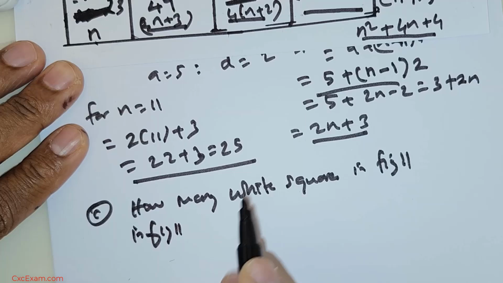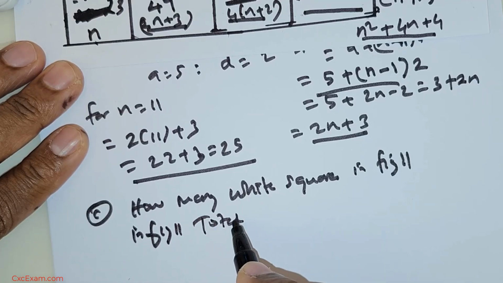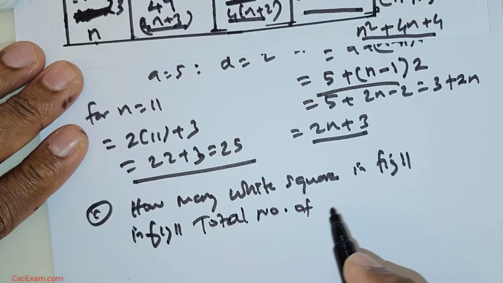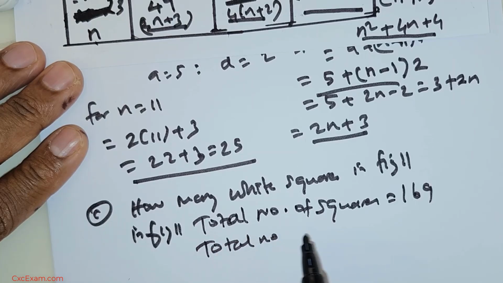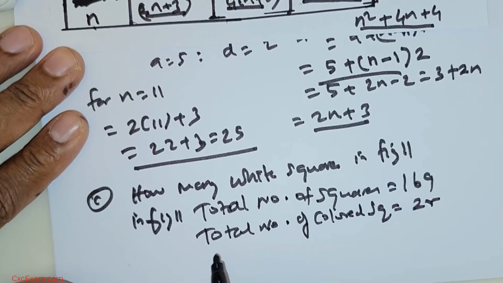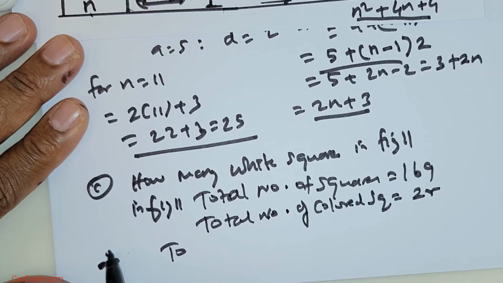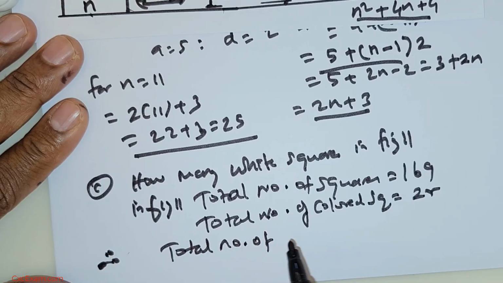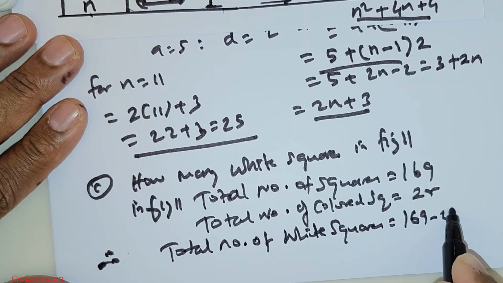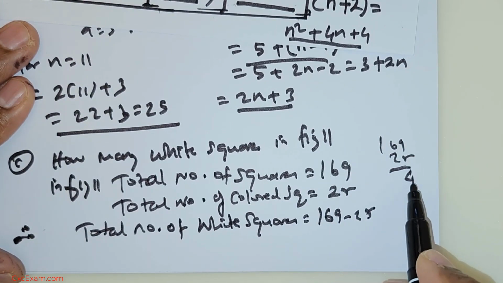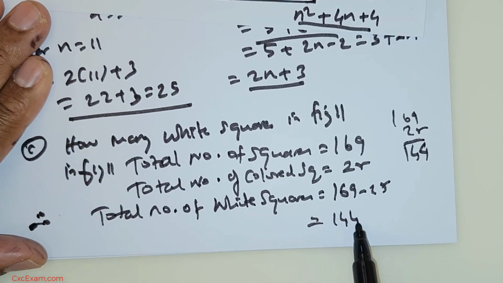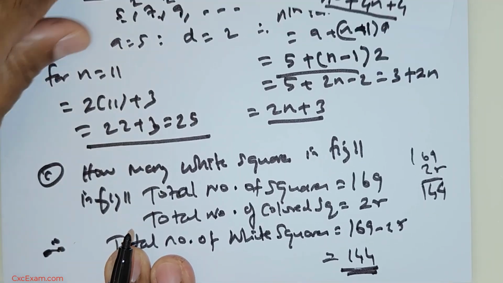So the total number of white squares is 169 minus 25. So what do you get? From 169 you take away 25. You get a 4 there, you get a 4 here, you get a 1. So 144. So that is the solution for this question.